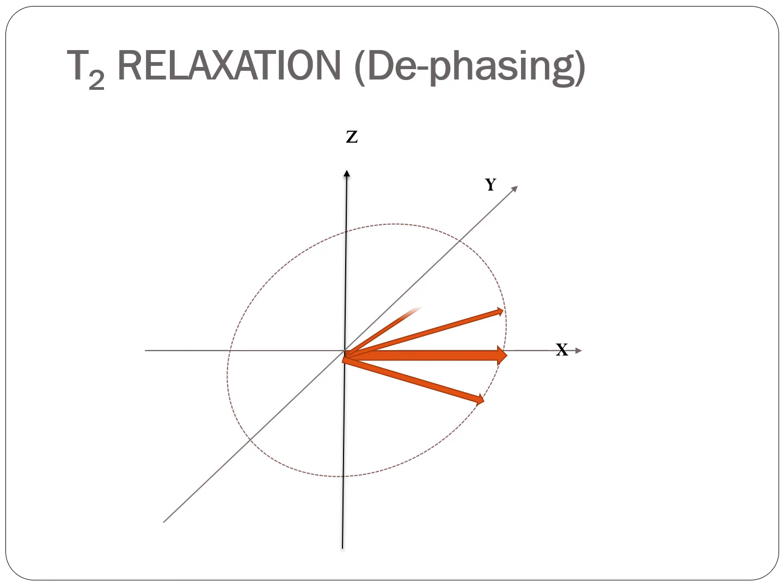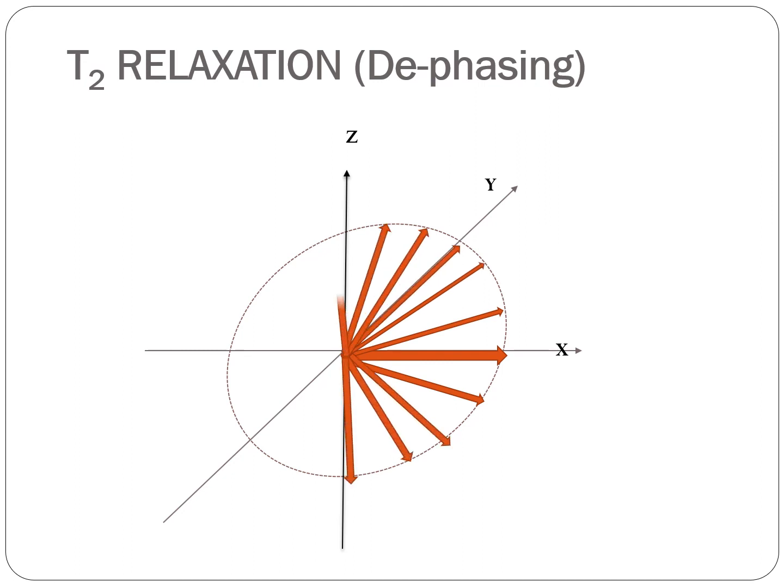So slowly it goes to every direction of the xy plane. The signal or the intensity of the bulk magnetization will be spread all over the xy plane like a circle. So this is the T2 relaxation, which requires more time. So this is the most important relaxation among the both.